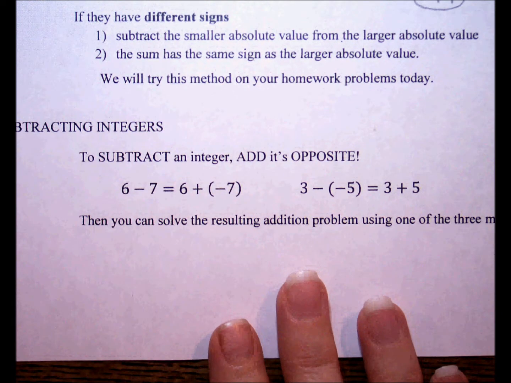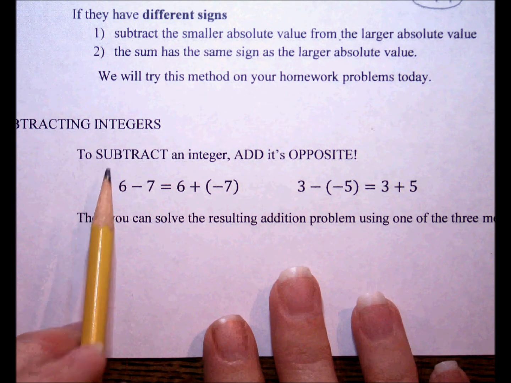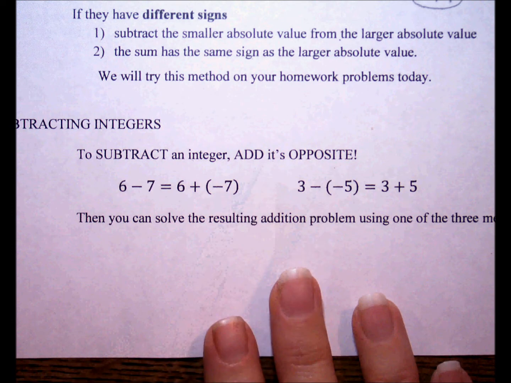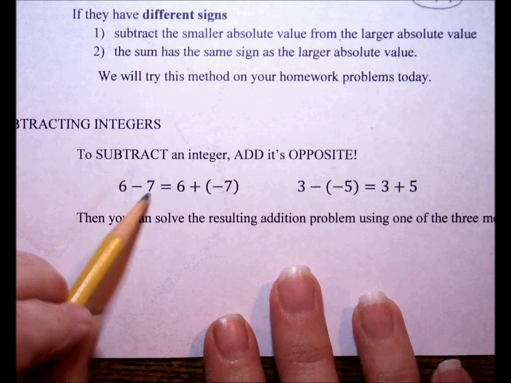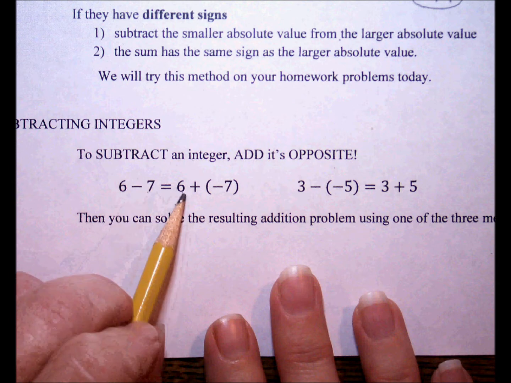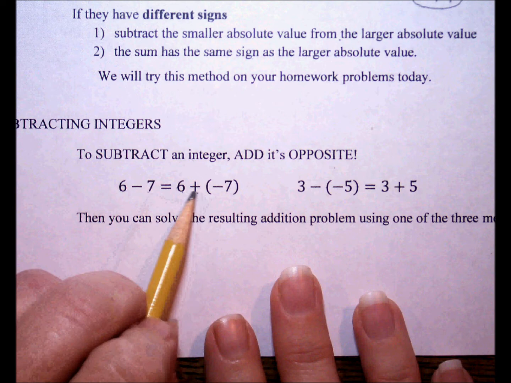Now, here's the part I like. For subtracting integers, we're just going to turn all of our subtraction problems into addition problems, and then we can just apply our three methods, whichever one we like. So to subtract an integer, that's the same thing as adding the opposite. So you can turn any subtraction problem into an addition problem.